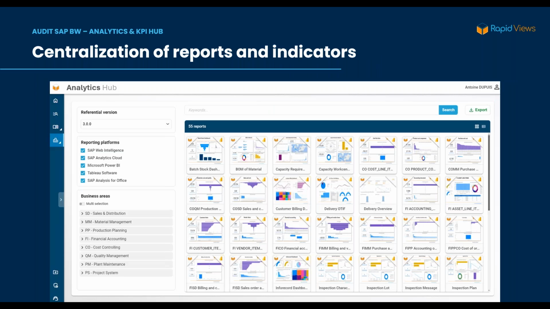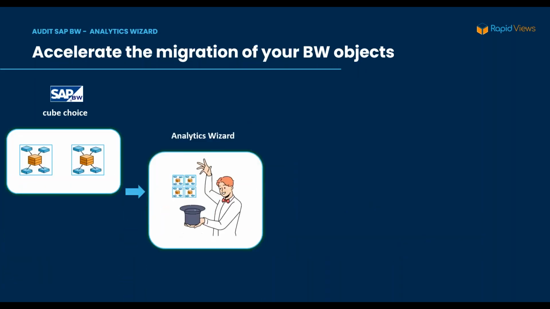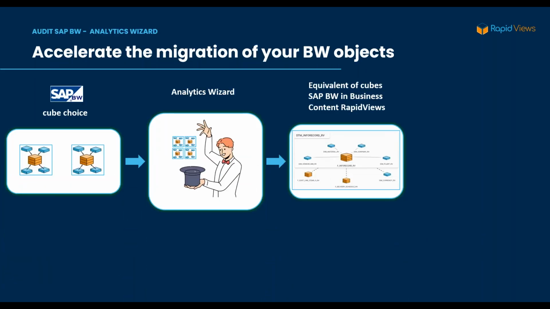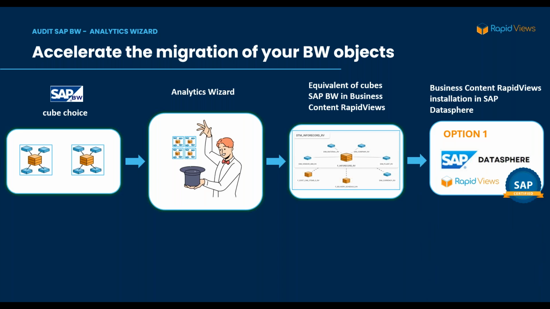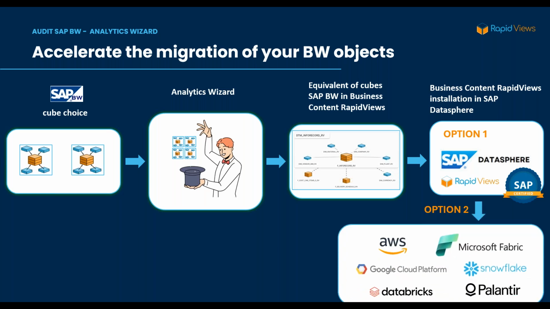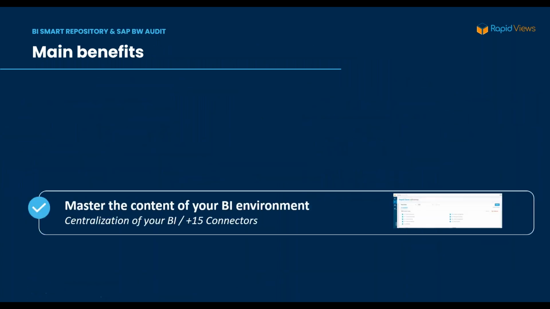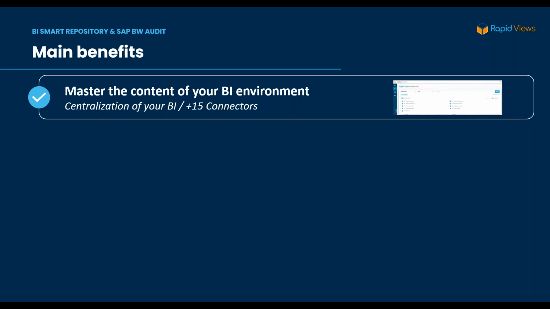You already talked about analytics and KPI hub, and again, that's just to show that in BW you can select a BW cube, send it to our wizard, and it will give you the equivalent within our business content, whether you decide to stay in SAP or move to any other data lake that you may already have.